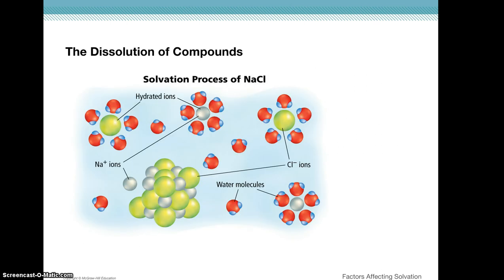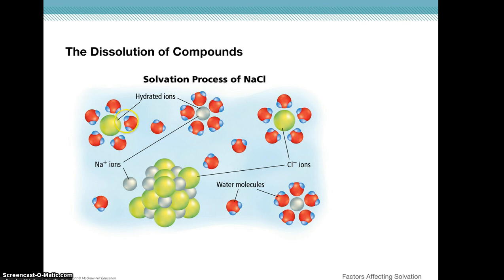Okay, so in this particular diagram, we have sodium chloride. Our sodium ions are here and our chloride ions are the green ones. As you can see, when sodium chloride dissolves in water, those ions break apart and they become surrounded by water molecules.